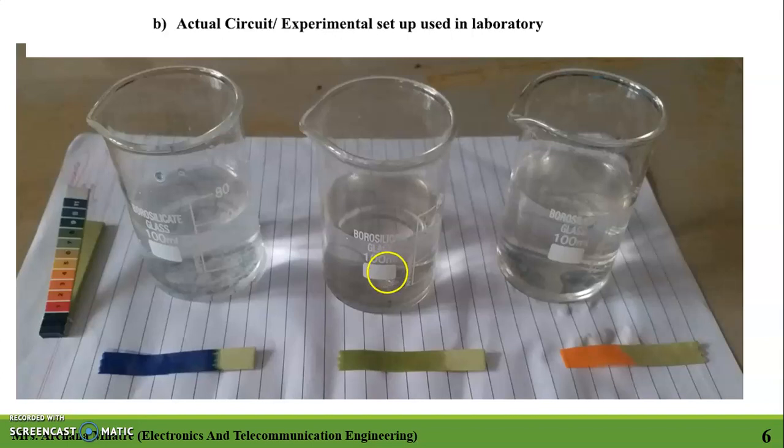That means it is a neutral solution. And when I dip the pH paper into the third solution, the color is orange. Then it is an acidic solution. So by observing the change in color of the pH paper, we can decide whether the solution is acidic, base, or neutral.